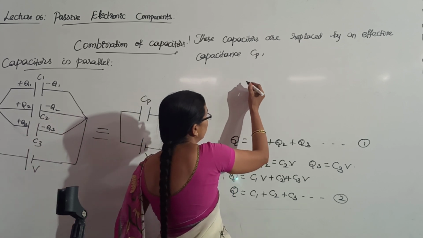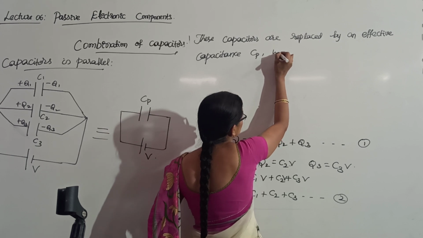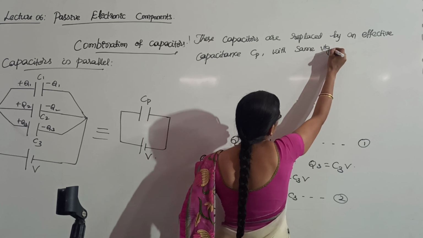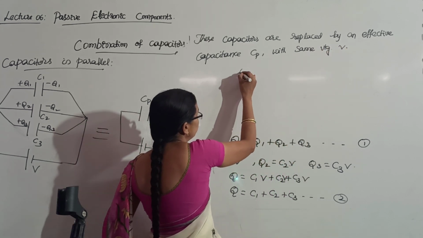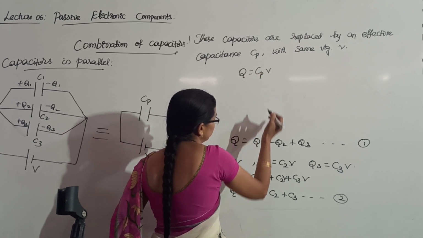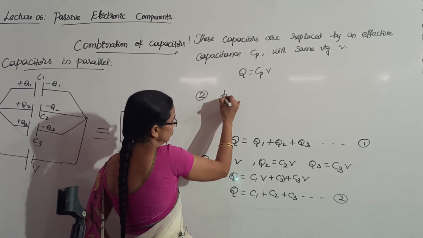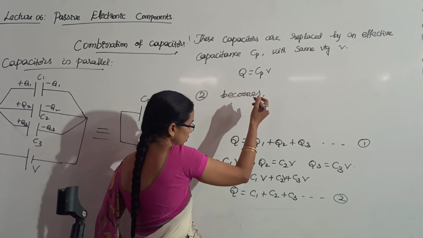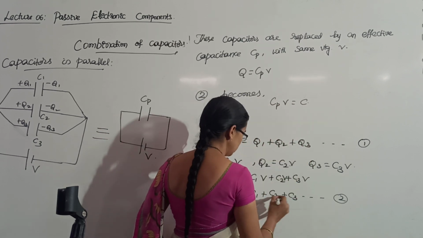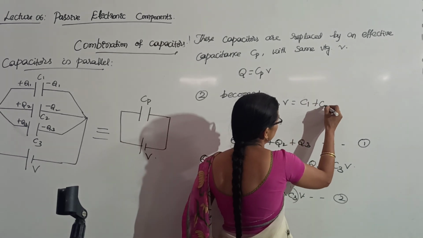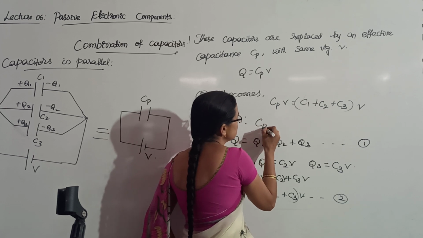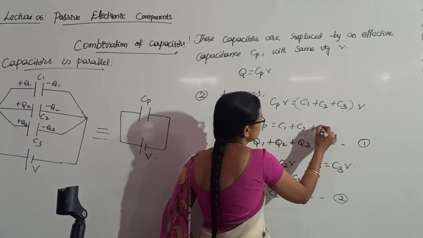Then with the same voltage V, Q is equal to CpV. Then equation 2 becomes CpV is equal to C1 plus C2 plus C3, into V. Therefore, Cp is equal to C1 plus C2 plus C3.